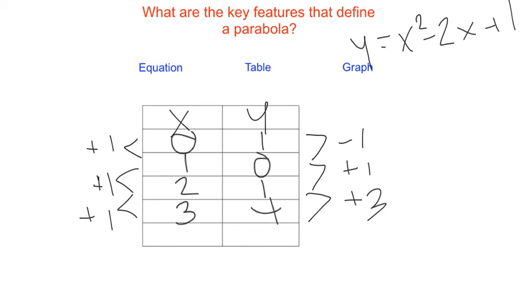Okay, well, what if I kept on going? What if I looked at the second differences? So if I went from -1 to 1, I would be adding 2 in that case. And from +1 to +3, I add 2. Aha! This is interesting. The second differences are the same. And this is actually what you want to look out for.